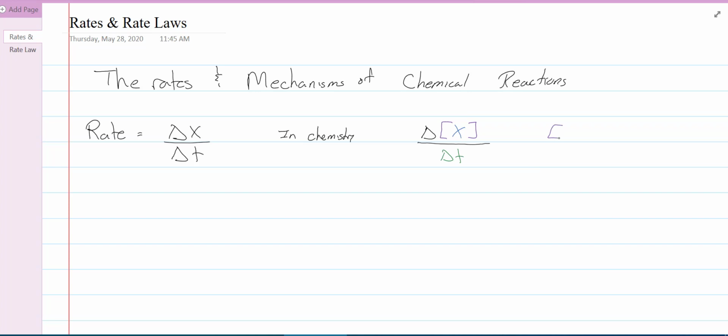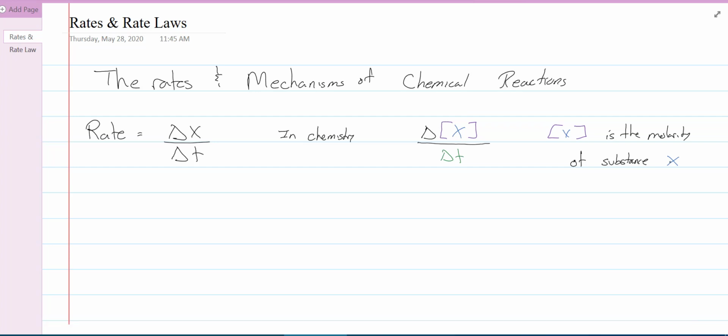This represents the molarity of X, substance or species X. So we're looking at how the concentration changes with time.